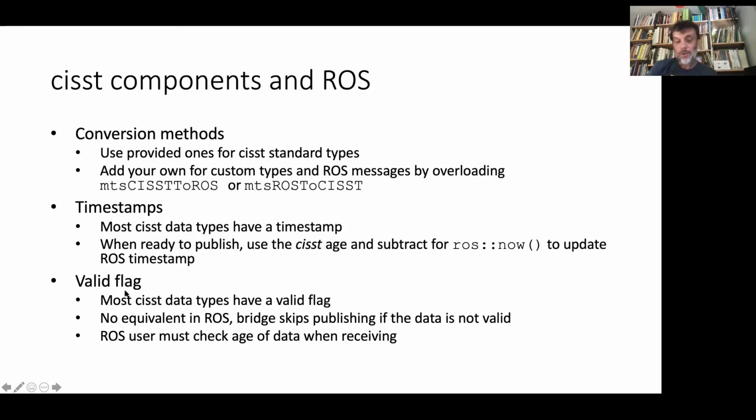The other thing that we do, and that's a little more controversial, more difficult to do, is that cisst multitask has a valid flag for data. Let's say, for example, you're tracking a Polaris active tool or a passive tool. At one point, the tool is not visible. You need to know the tool is not visible. So within cisst, there's a flag that says there is some data, but it's not valid. The tool is not visible. ROS does not have the equivalent.